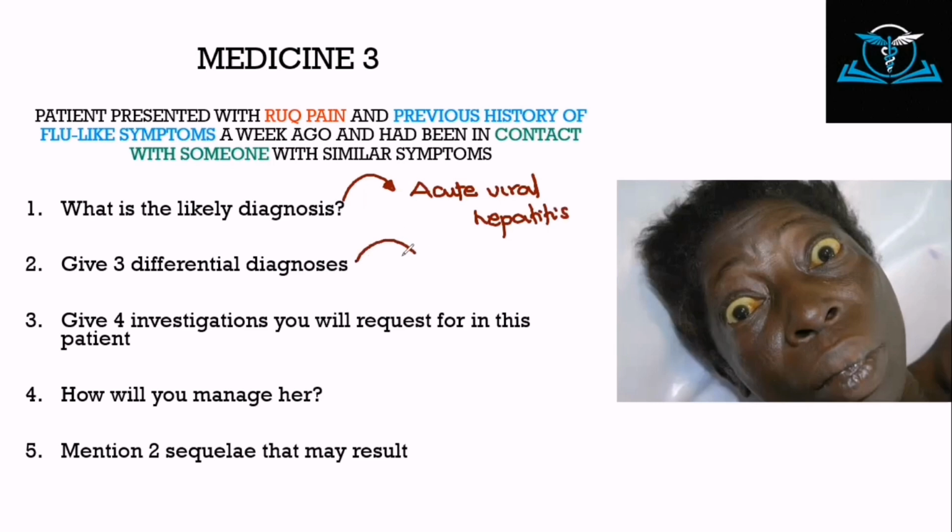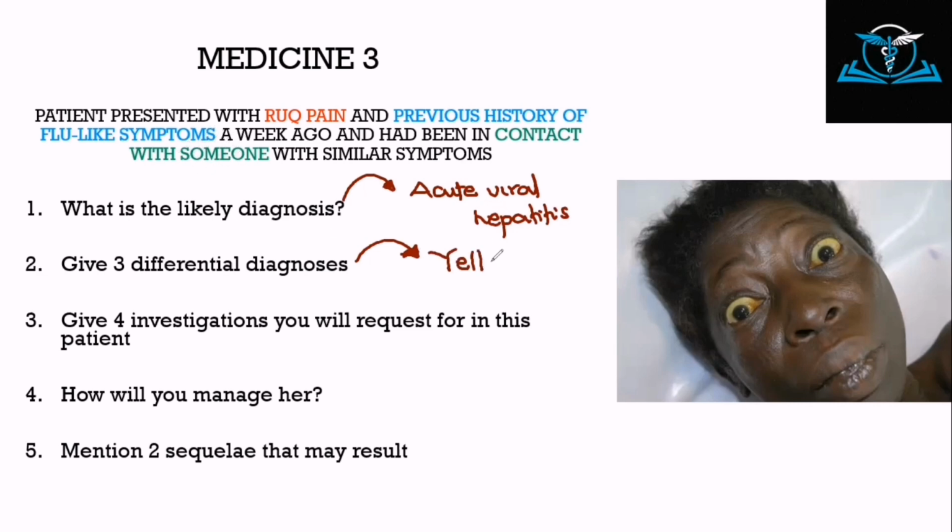Give 3 differential diagnoses. James? Doc, autoimmune hepatitis. Give another one. Drug-induced hepatitis. What else? Alcoholic liver disease. What else? Because of having had contact with somebody, yellow fever.